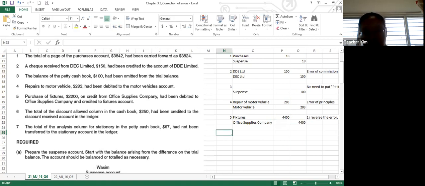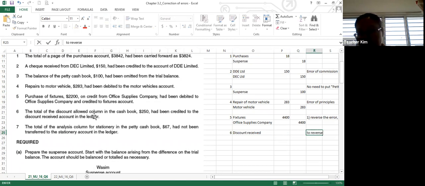Next is question 6. The total of the discount allowed column in the cash book, 250, has been credited to the discount received account in the ledger. Discount received is on the credit side, discount allowed is on the debit side. But now this discount allowed was omitted and discount received credited wrongly. So we have to debit the wrong account, discount received, to reverse the wrong entry.